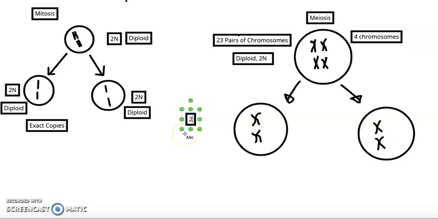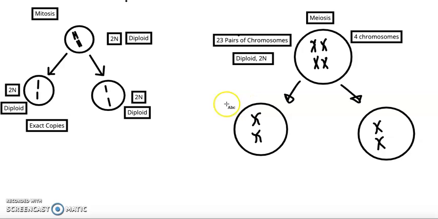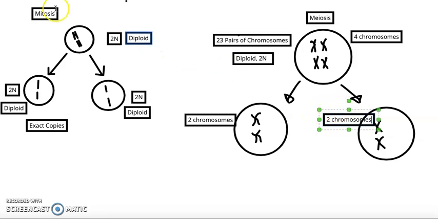Over here we only have 2 chromosomes. Okay? And over here, we also have 2 chromosomes. And they're replicated still. But that shows you that the number of chromosomes is what? They're halved, right? So what do we call it when you have half the number of chromosomes?